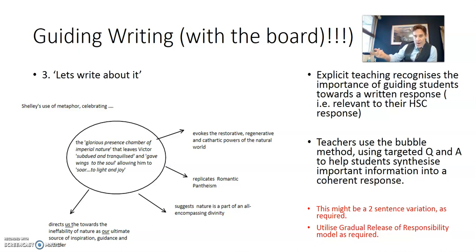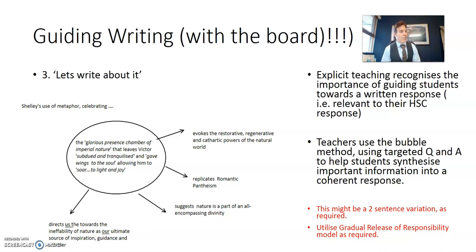You might have talked about romantic pantheism, so you can talk about how it evokes that. You can talk about how there is an inference there: what is the message it is saying about a divinity? There's this all-encompassing one, whatever the case may be. And as it says down there, there is a message.